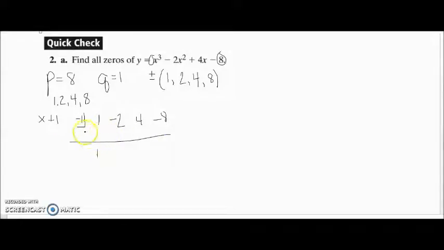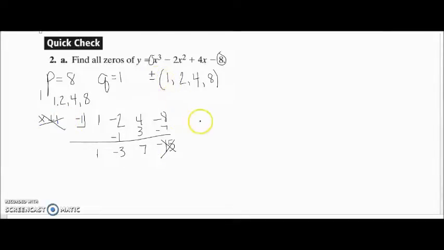Bring down the 1. -1 times 1 is -1. -2 plus 1 is -3. -1 times -3 is 3. 4 plus 3 is 7. -1 times 7 is -7. -15. Well, our remainder's not 0, so that means this does not work.